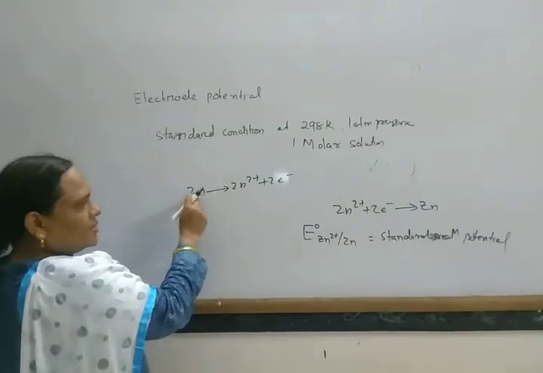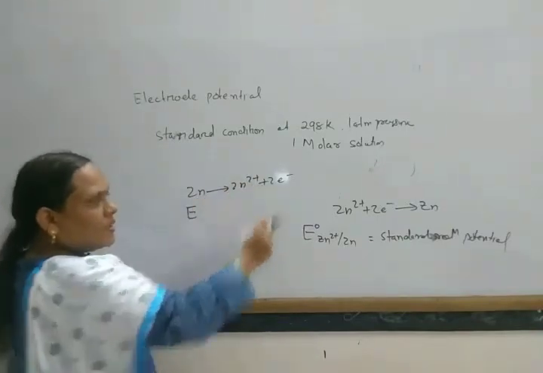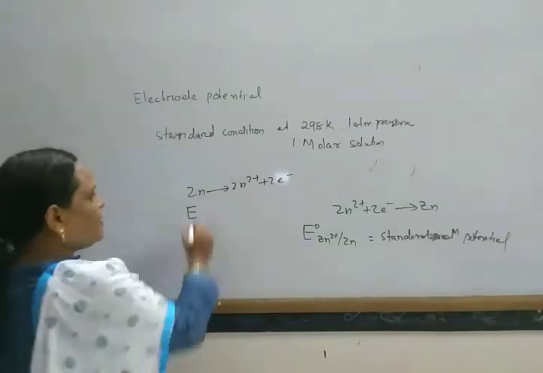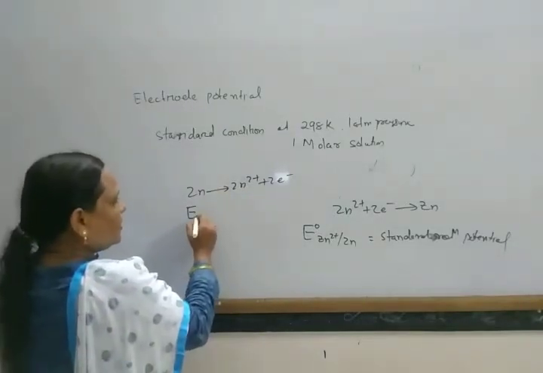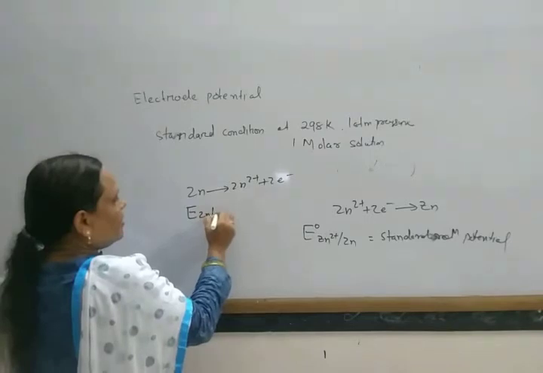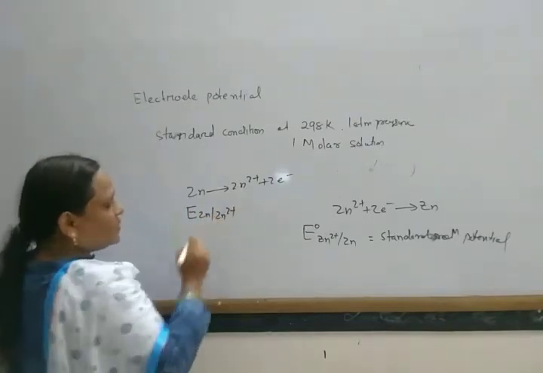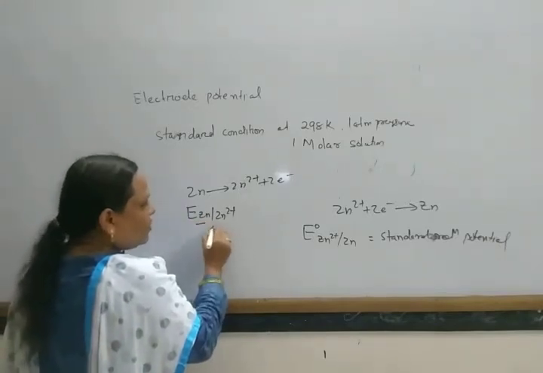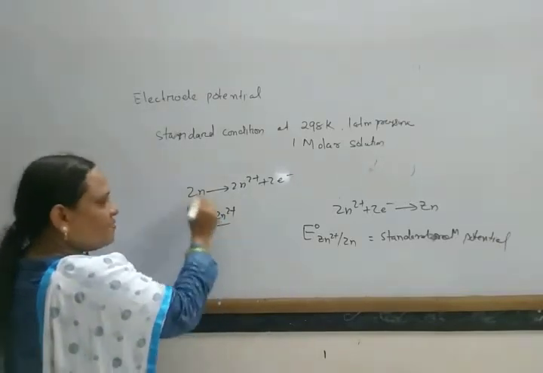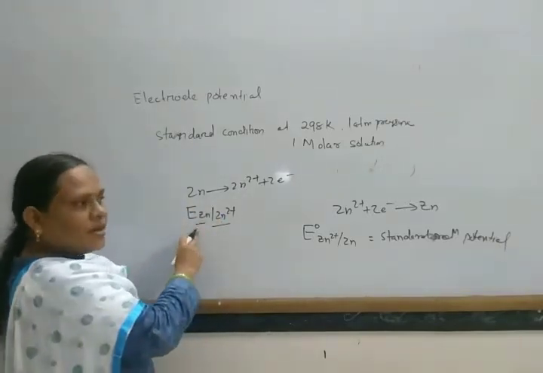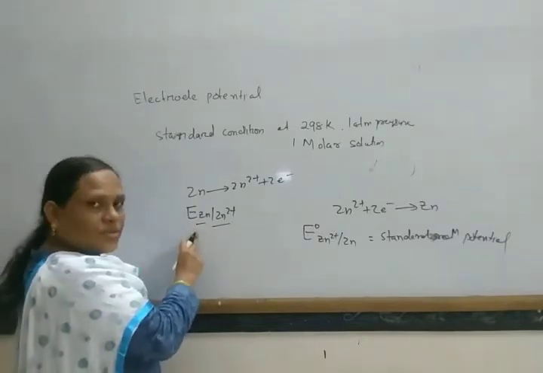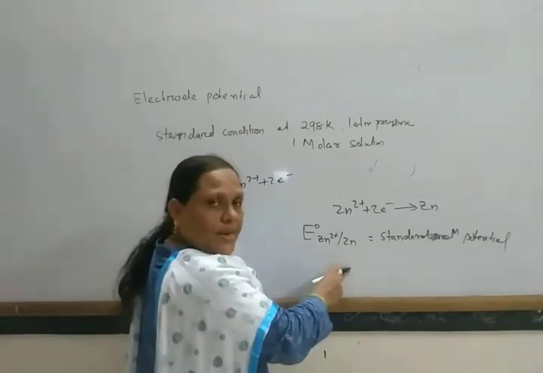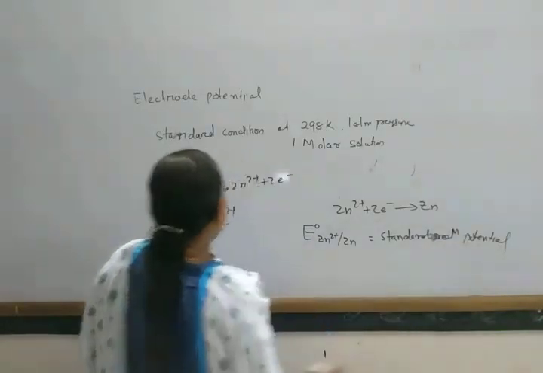If the reaction is Zn giving Zn2 plus plus 2 electrons, here loss of electrons takes place, so we write Zn and Zn2 plus. Look here, this is very important. If metal is followed by metal ion, this represents your oxidation potential. If metal ion is followed by metal, then that is your reduction potential.